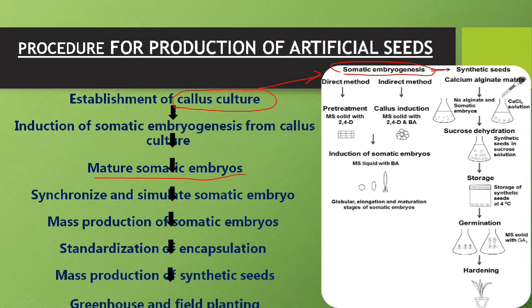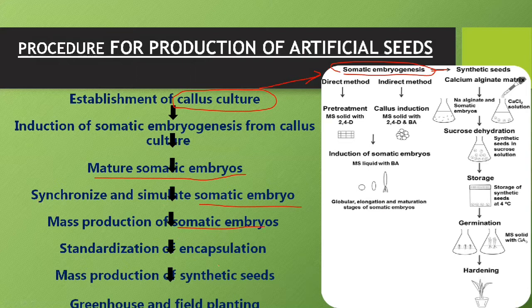These somatic embryos are then selected, synchronized and stimulated. Then they grow on a culture medium and mass production of these somatic embryos is done.